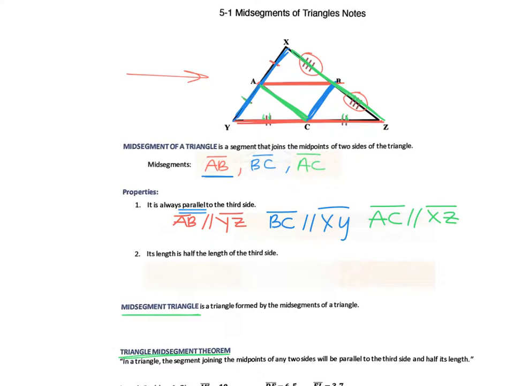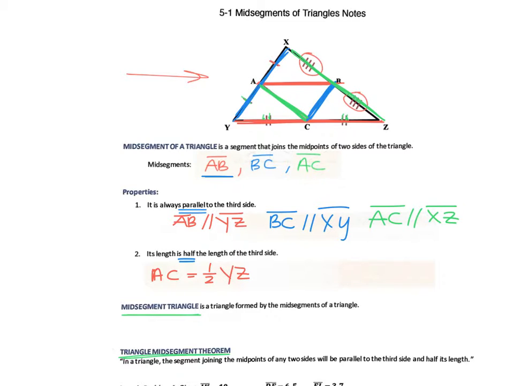And then the other one, and this is the one you do more with: its length is half the length of the third side. So we just found which ones are related to each other, right? Red with red, blue with blue, green with green. The shorter one is always half the length of the longer one, okay? So AB, if I'm sticking with colors, is half of segment YZ.